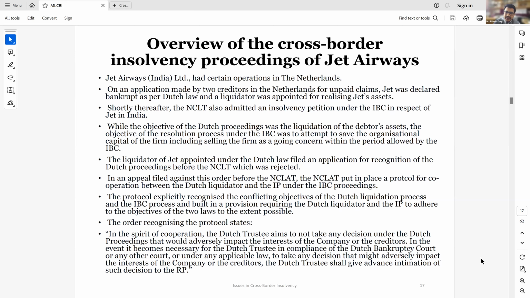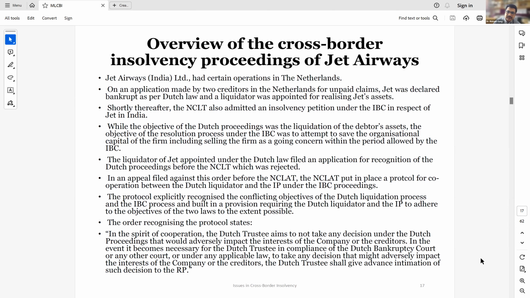And because Jet had the main office in India and maximum assets, it was considered that the center of main interest, or the main proceeding, should continue in India. And the Dutch liquidator did not object. And there was a protocol. A protocol was entered into between the RPs of the Dutch and India.